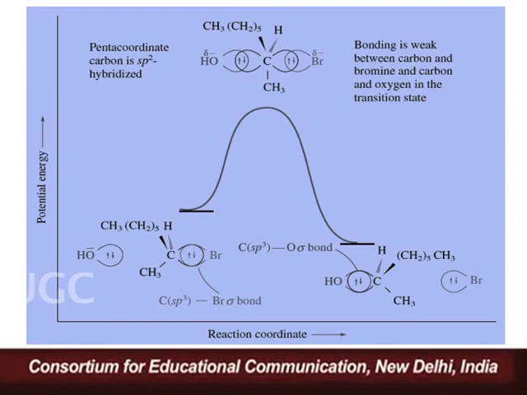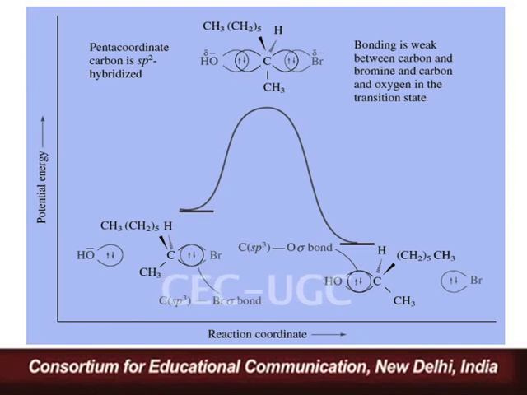So if you look into this diagram, there are three things that we have to keep in mind that I've tried to illustrate here. First, the nucleophile attacks the substrate, which in this case is 2-bromooctane, from the backside.